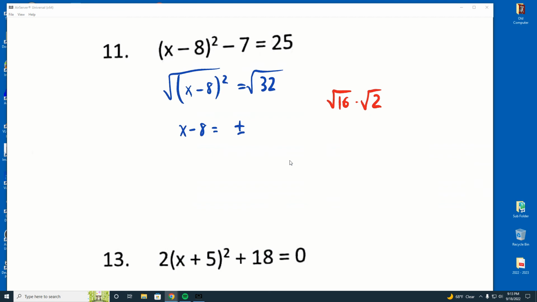So with 16 being a perfect square, it comes out as a whole number 4, but 2 gets trapped inside. So it's plus or minus 4 square root of 2. Now, as you can tell, hopefully, this is what we call an irrational number. So when I finish this problem out by adding 8 to this side, can I add 8 to that number? No. So I'm going to do very much like I did with complex numbers. I'm going to leave it as 8 plus or minus 4 square root of 2. Okay? That's how I'm going to leave it.